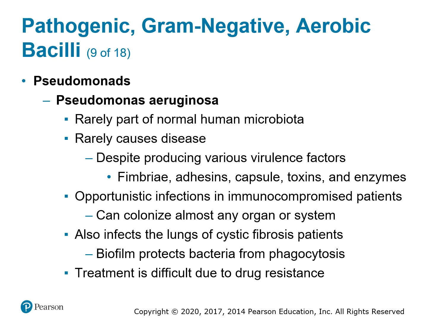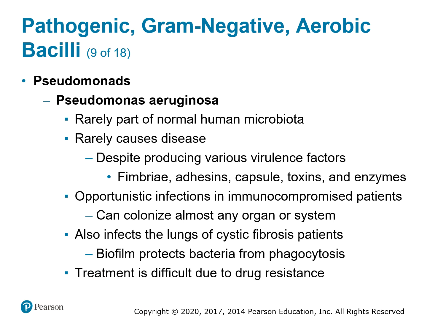So Pseudomonas aeruginosa, this is a microbe that's rarely found as a normal human microbiota. So this is not something that typically lives inside of your body. It rarely causes disease, despite having a lot of virulence factors, including fimbriae, adhesins, capsules, toxins, and enzymes.